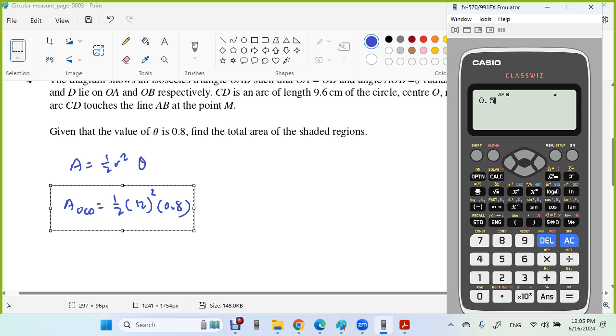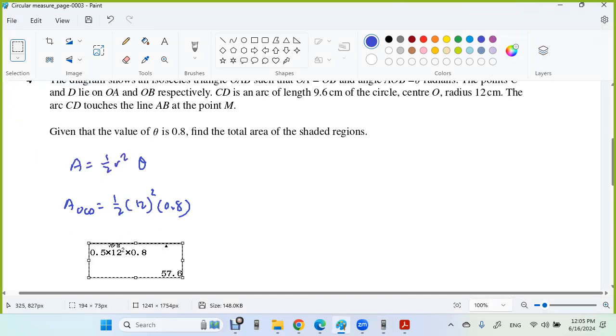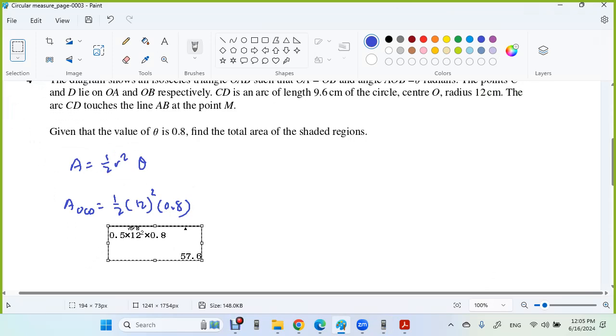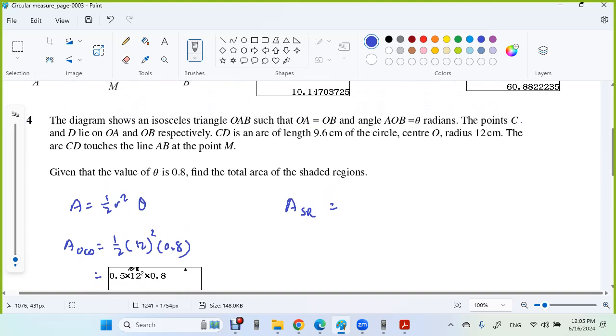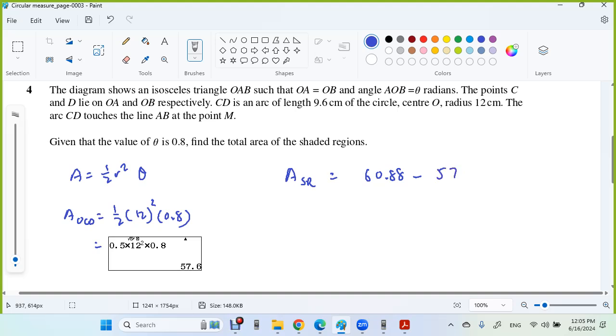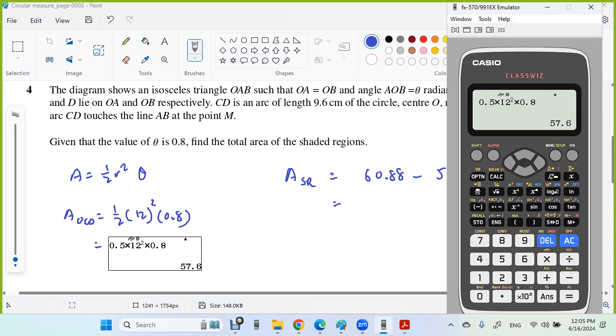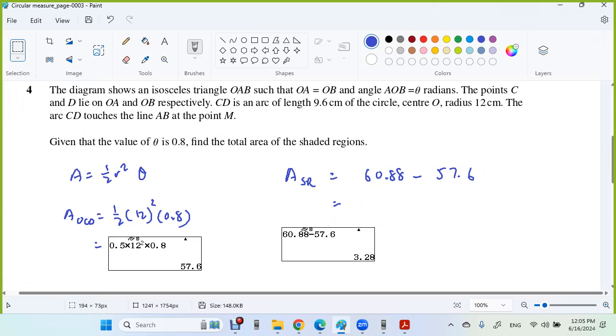So we have 0.5 times 12 squared times 0.8, which becomes 57.6. The area of the shaded region will be this 60.88 minus 57.6, then we will have 3.28 cm squared.